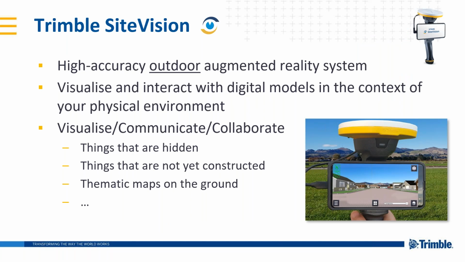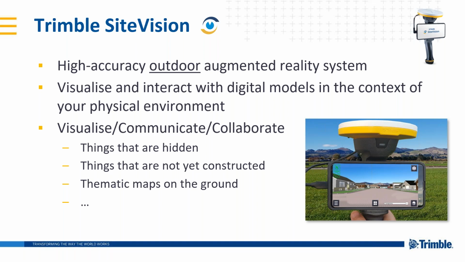And what is Trimble SiteVision? It's a high accuracy augmented reality system that's designed to be used outdoors, and that outdoor piece is a very important distinguishing factor. It allows customers to not only visualize data sets in the context of the real environment, but also to interact with those data sets, and I'll explain how that works over the coming slides.